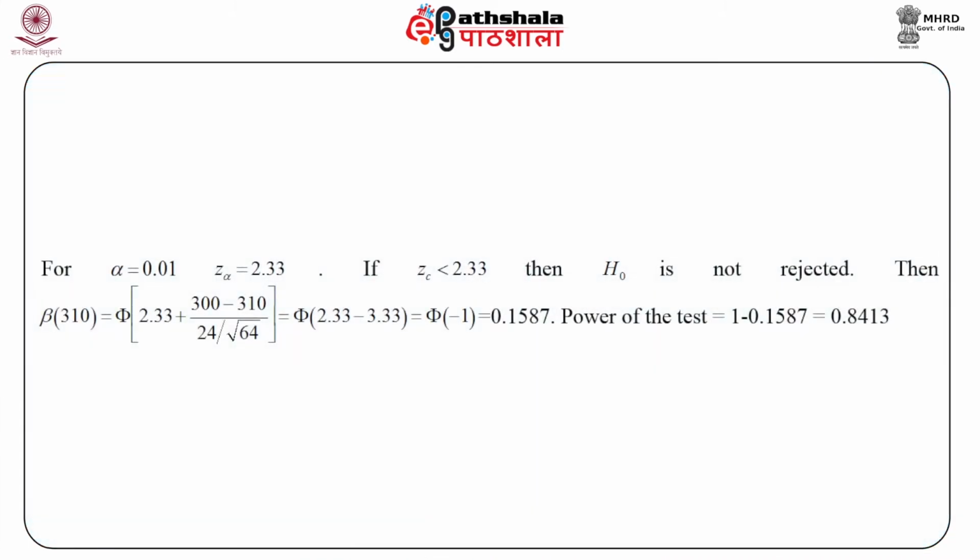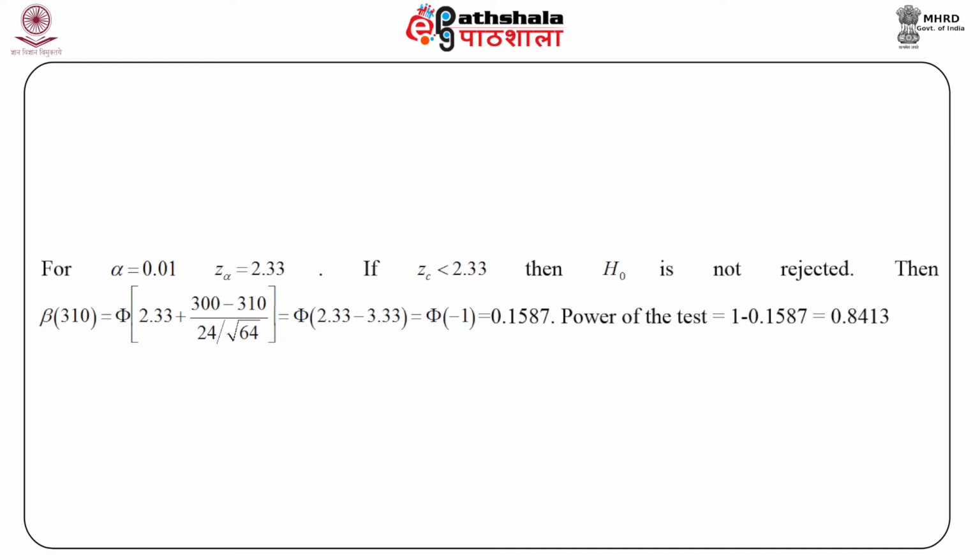Let's see the solution. For alpha equal to 0.01, Z alpha is equal to 2.33. If Zc is less than 2.33, then the null hypothesis H0 is not rejected. Then beta of 310 is equal to phi of 2.33 plus (300 minus 310) upon (24 by under root 64), which is equal to phi of 2.33 minus 3.33, and is equal to phi of minus 1, which is equal to 0.1587.